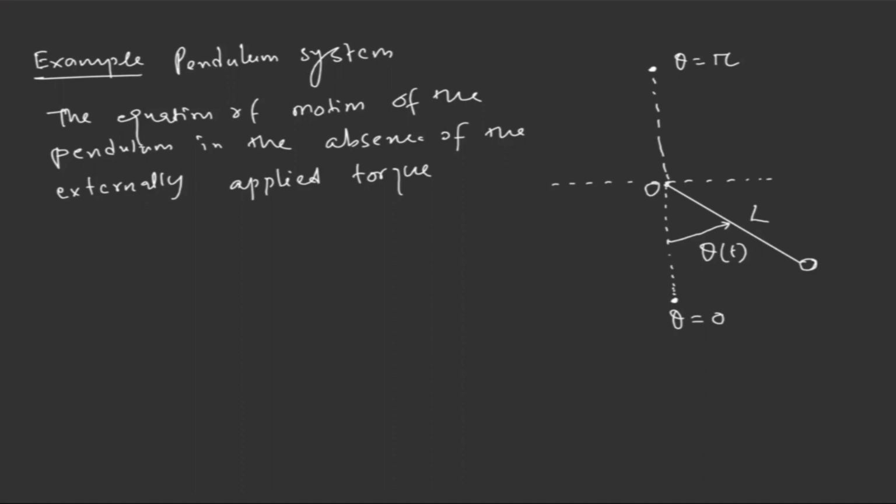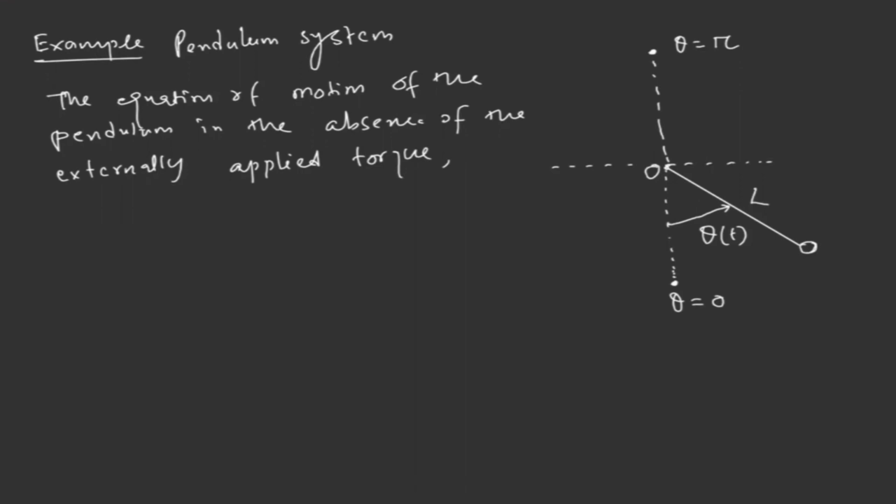So in this case, the equation of motion can be written as L d square theta t by dt square plus g sine theta t equal to 0.